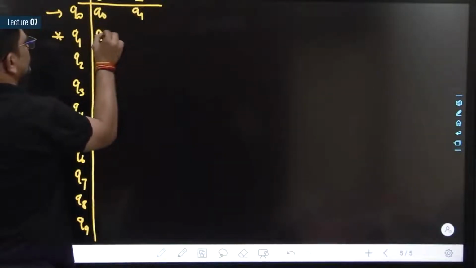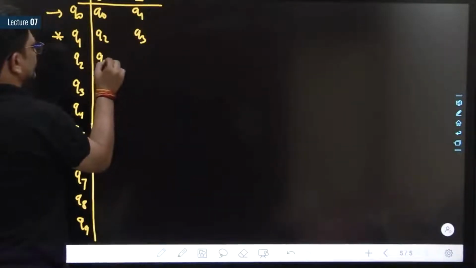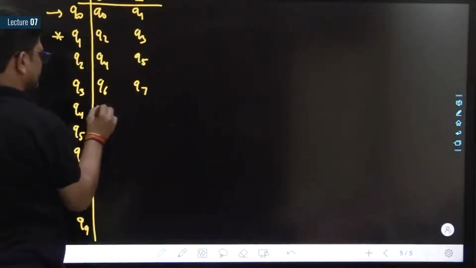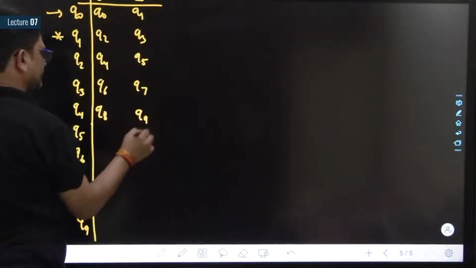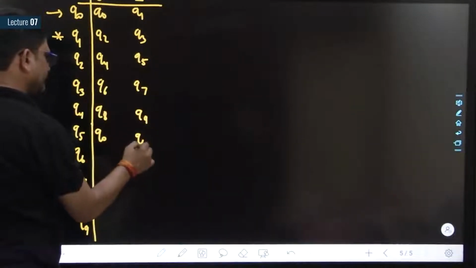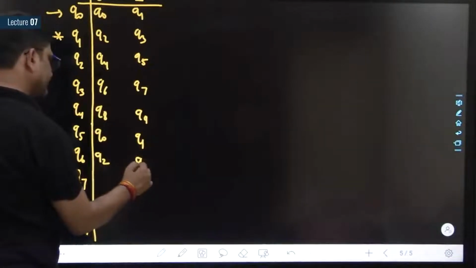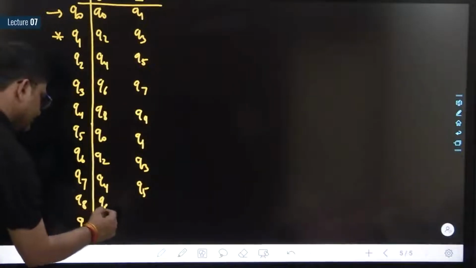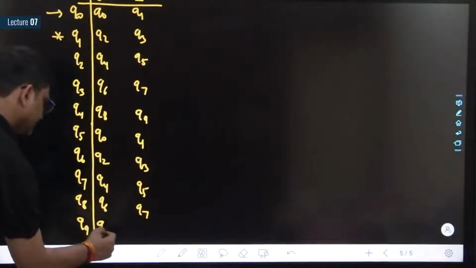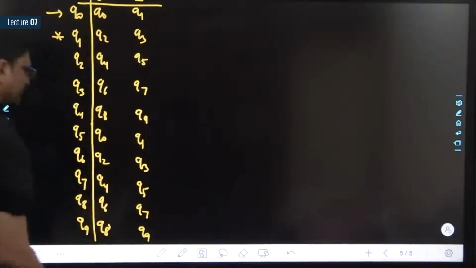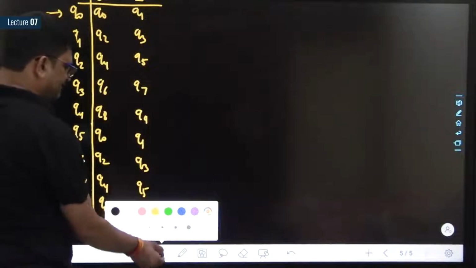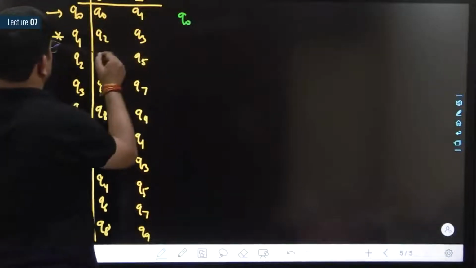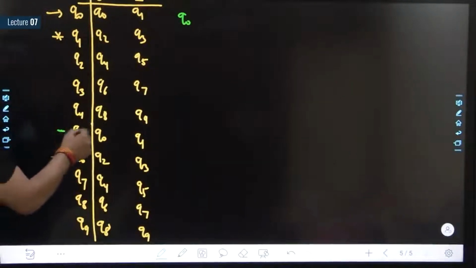Q0, Q1, Q2, Q3, Q4, Q5, Q6, Q7, Q8, Q9, Q0, Q1, Q2, Q3, Q4, Q5, Q6, Q7, Q8, Q9. Now check which are the same. Q0 and Q5 are same.